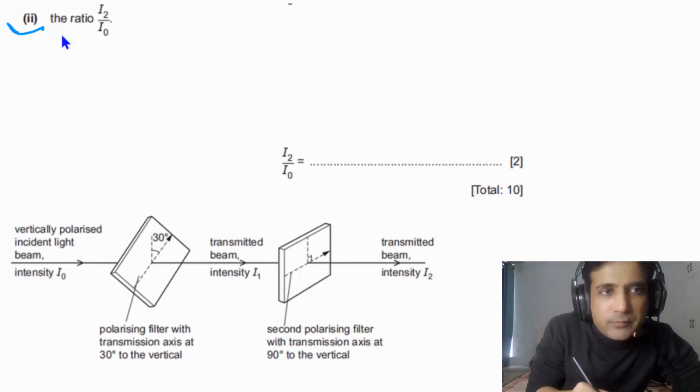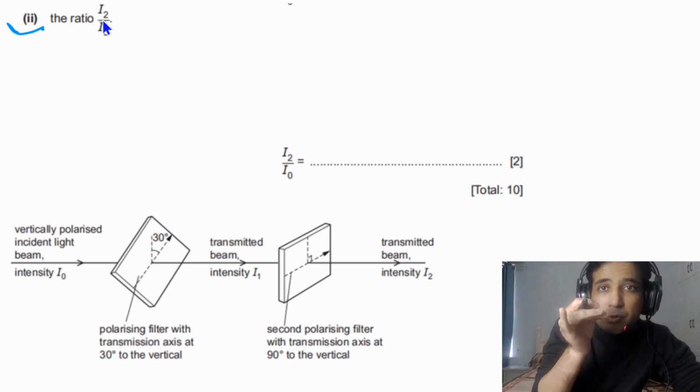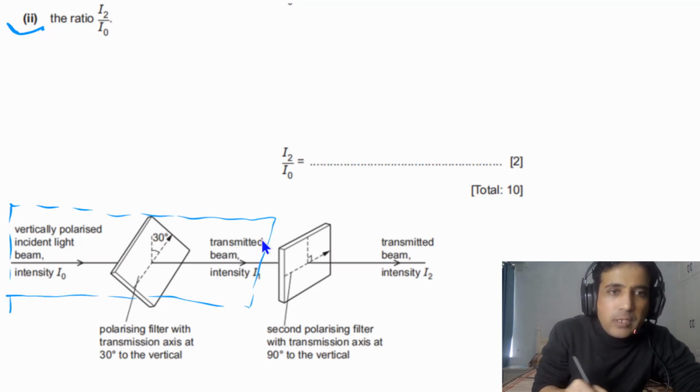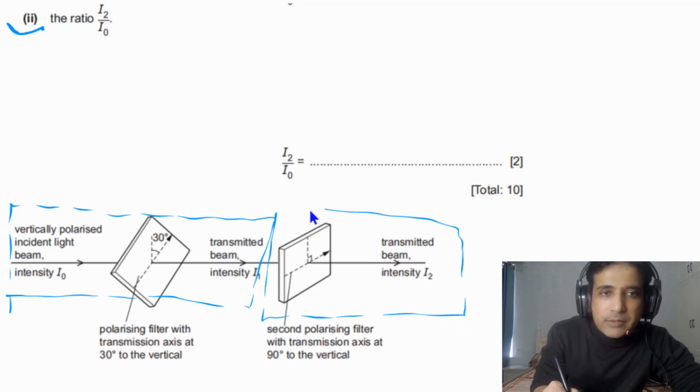For the second part, we need to find the ratio between I2 and I0. So we will start from I1 first of all. We will divide into two parts: this is the first part and this one will be the second part.